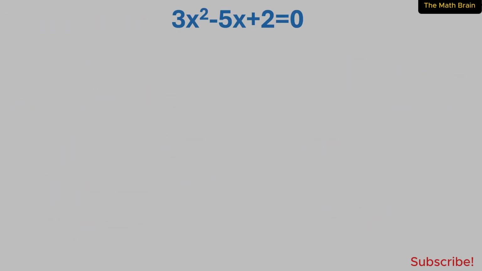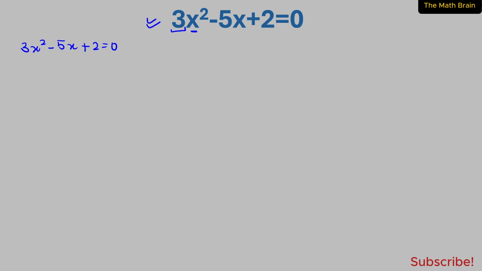Next, we are going to find the factors for another equation. Let's start by writing the equation 3x square minus 5x plus 2 is equal to 0. Now here, the coefficient of x square, the first term, is not 1.